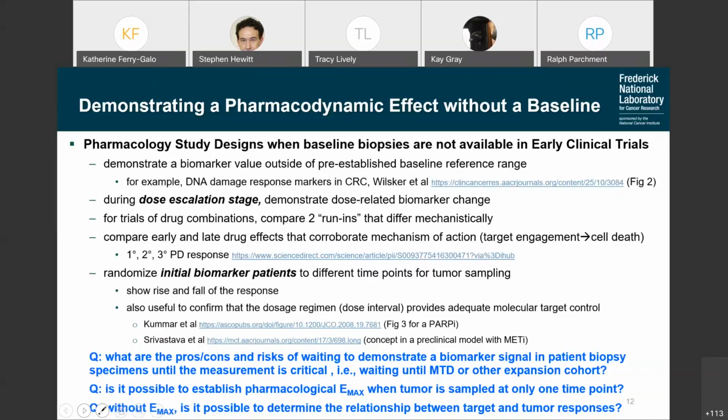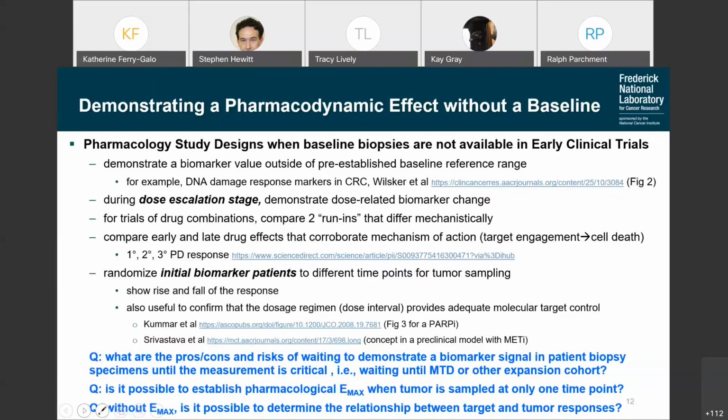But I would point out toward the bottom, where it says randomize initial biomarker patients to different time points, that this has been tried even in the clinic with an NCI phase 0 trial of the PARP inhibitor veliparib, where the patients at a given dose level were randomized to the on-treatment biopsy a few hours after the dose versus 24 hours, or the next day, after the preceding dose.